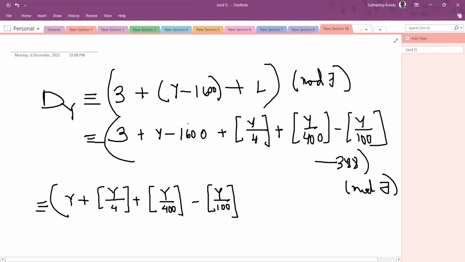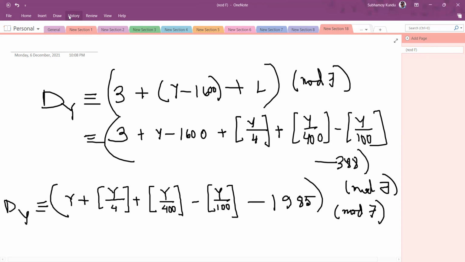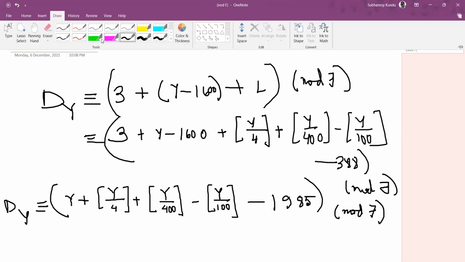Yes, and this makes 1988 plus 3. That will be 1985, congruent modulo 7 to dy. So this is our conclusion.